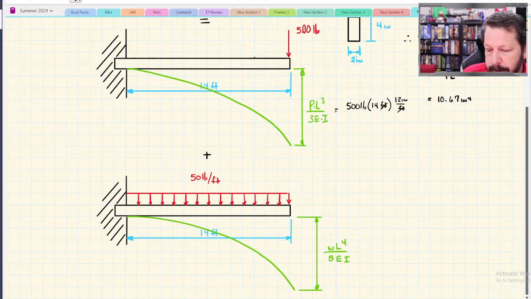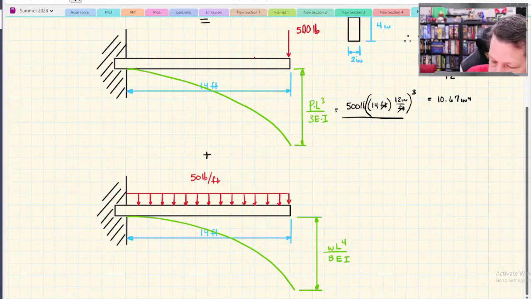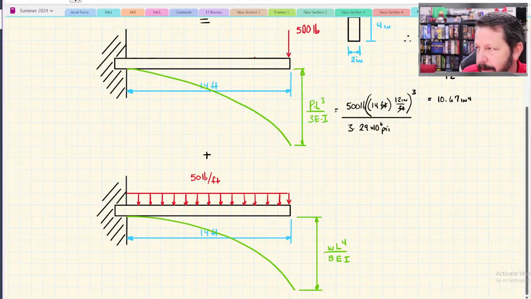So I'm going to convert it over to inches, and I need to cube that. 3E, E is 29 million. I just told you that, but you would need to look that up in a chart somewhere. And I we calculated because we said the cross section was a rectangle right here.